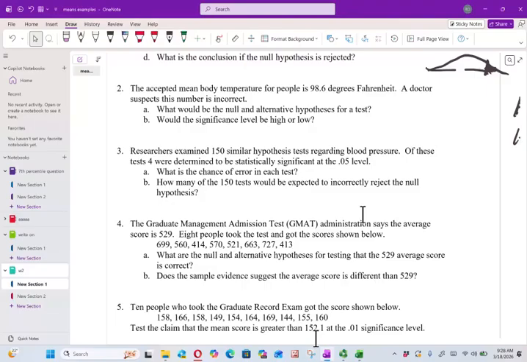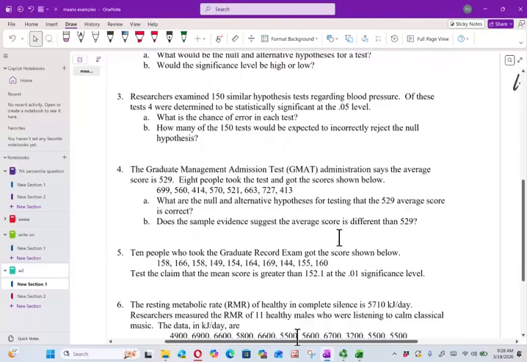Now, number 4, graduate admission tests, and this is where that data comes in. The test administrators say that the average is 529. 8 people took the test. What are the null and alternative hypotheses? If I'm looking at their data, I get 8 people.